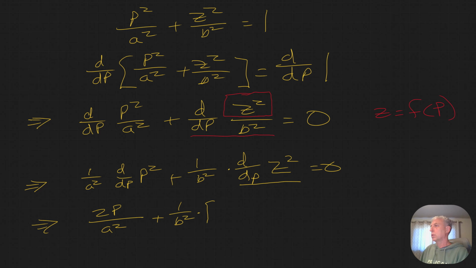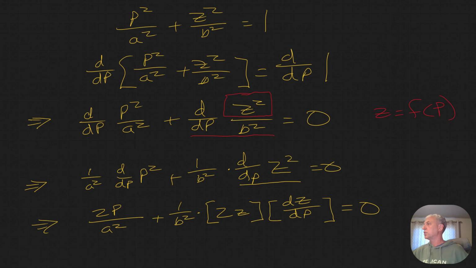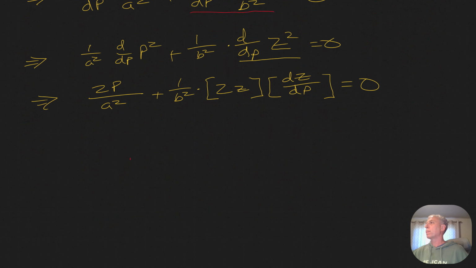So times the derivative of the outer, which is 2z, times the derivative of the inner, which is dz/dp, equals 0, right? And so now we're ready to go to the next step. This is just the chain rule. Nothing scary here. Now we can solve for dz/dp, right?